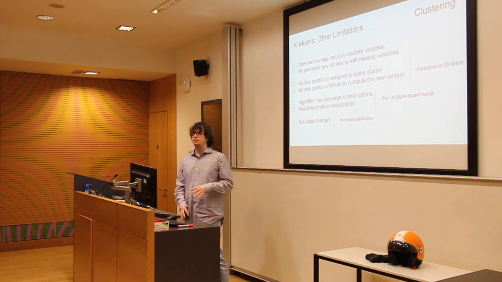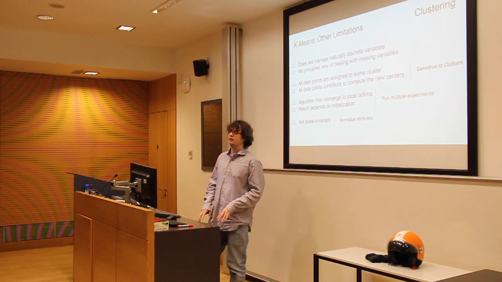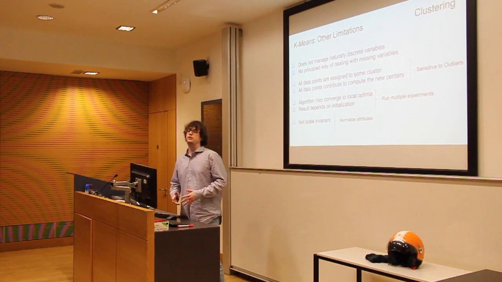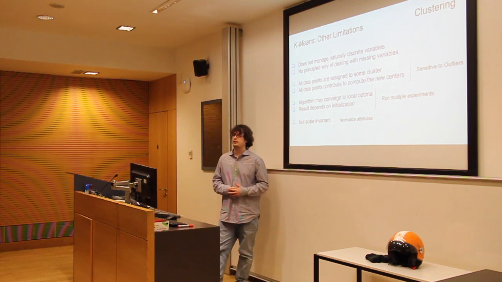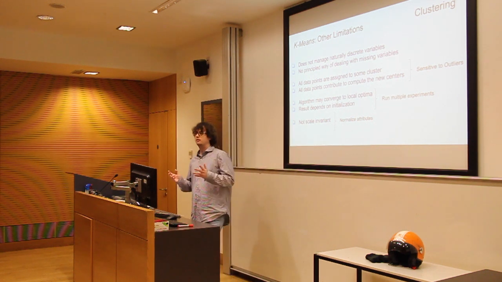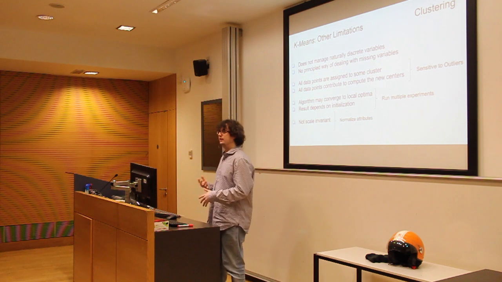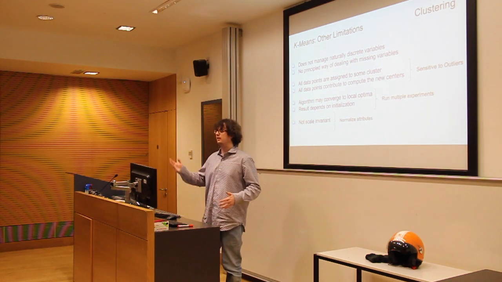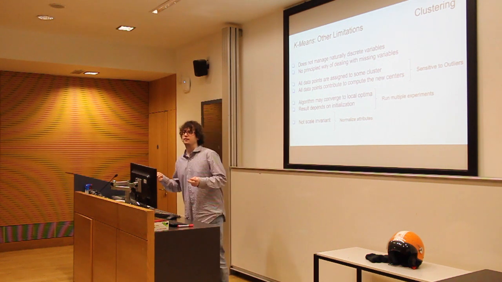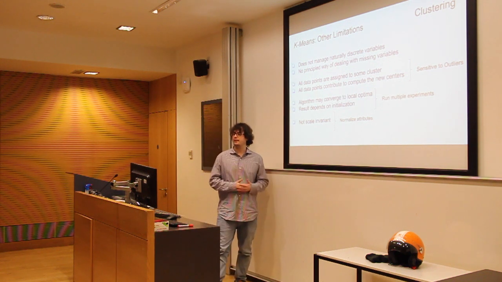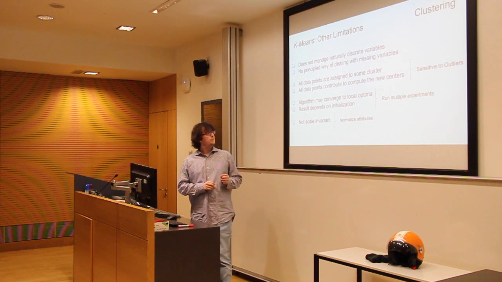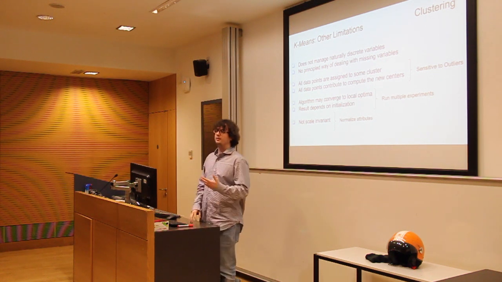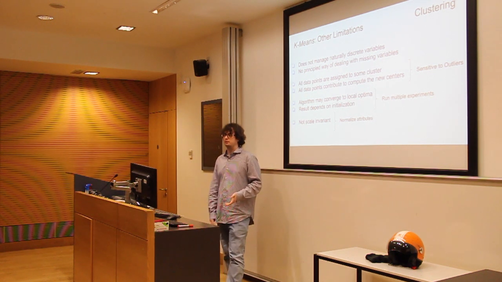Missing variables are a big problem in general in machine learning, because one thing you could do is assign a special value to it, but it's not necessarily easy to represent this value, because if your value can assume any value between minus infinity and plus infinity, there is no value which is special.